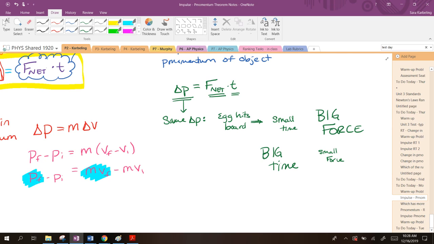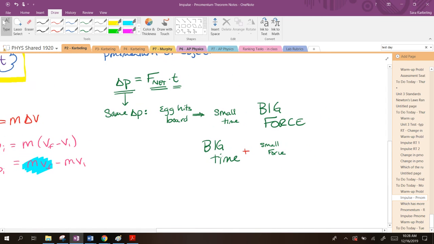Small time, big force, or big time, small force? Which one is it? Big time, small force, happy egg, right? Big time plus small force equals uncracked egg.